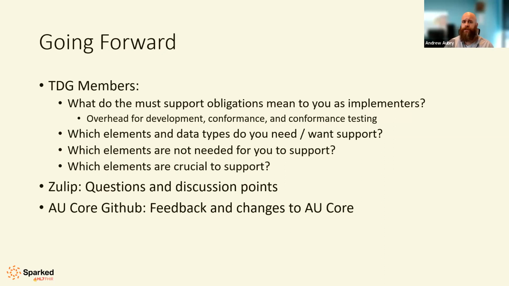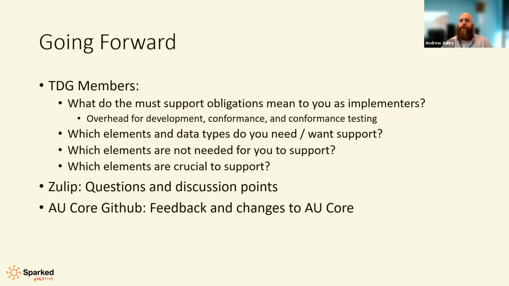Are these elements that are labeled must support correct? Are these elements that you agree should be must support, or do you think these are elements that should not be must support? Are these elements that you think are absolutely crucial? Or are these elements that you think, you know what, you can understand why it might be one very small core case, but overall the element itself should not be marked as must support?